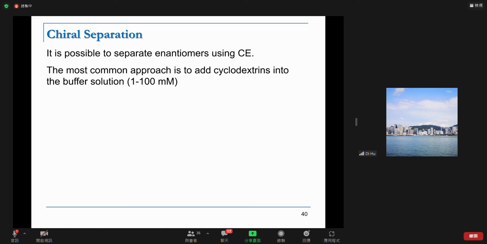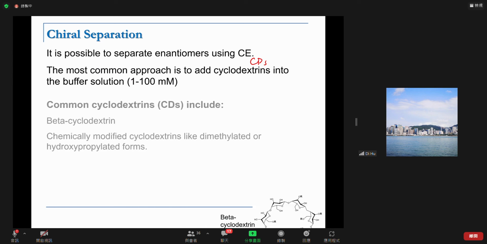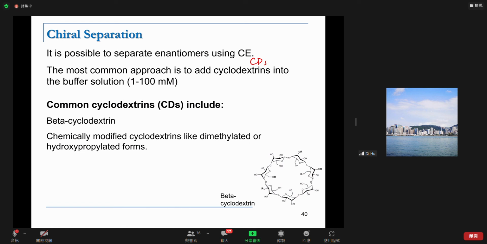The most common approach using CE to do chiral separation is to add cyclodextrins, CDs, which we already talked about, into the buffer solution. Normally the concentration is 1 to 100 millimole. You can see the cyclodextrins are just some modified compounds.